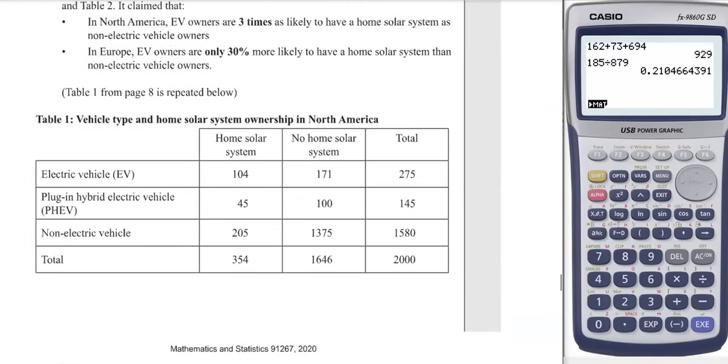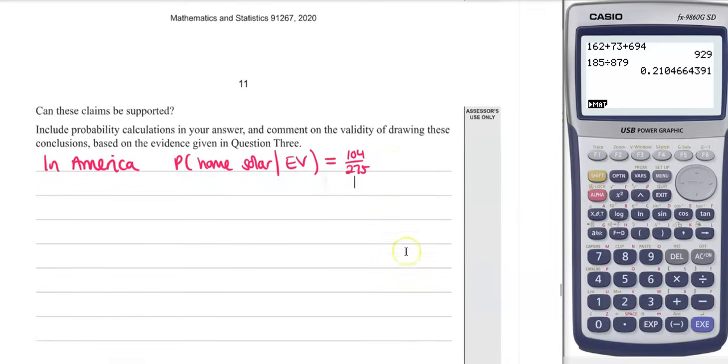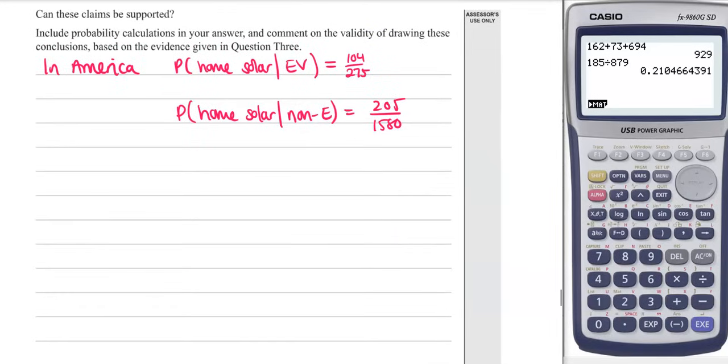Compared to those that were non-electric vehicle owners, so that's 205 out of 1580. And then we'll compare those likelihoods. So 104 over 275 divided by 205 over 1580 comes to 2.91.